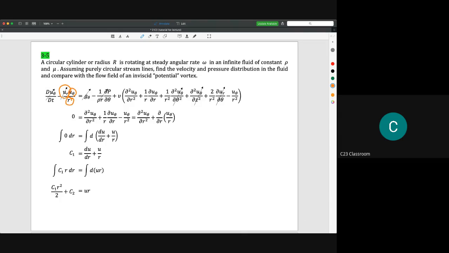There is no ur because we have a plane like this. We assume that the molecule rotates at a certain velocity, and its rotation remains in one place, in one level. That's why there is no velocity component on the r axis.